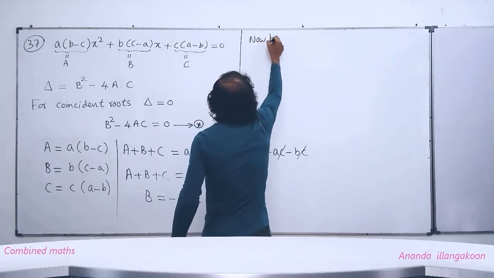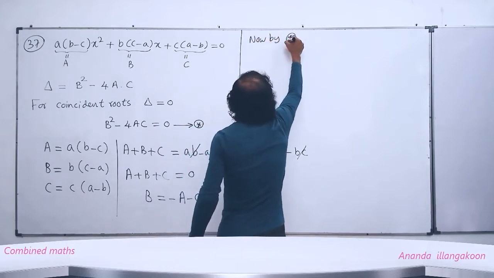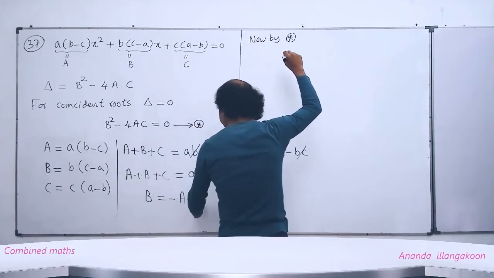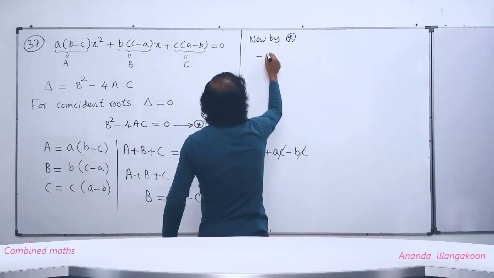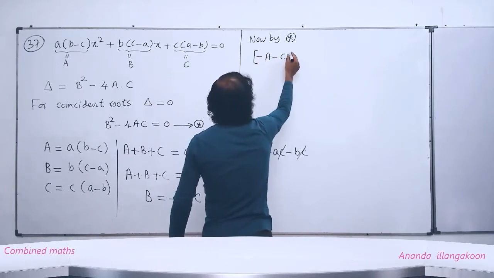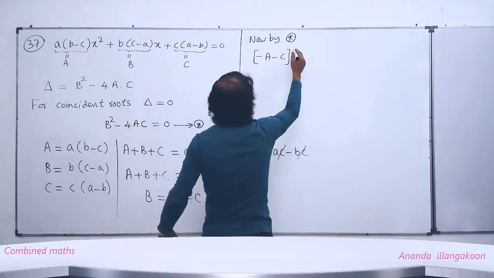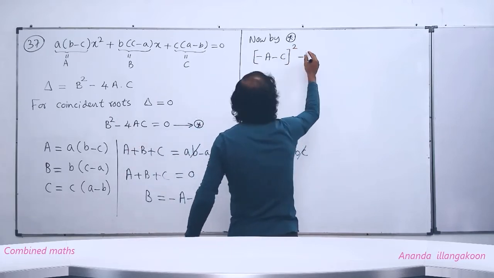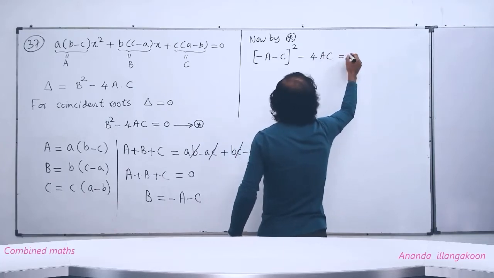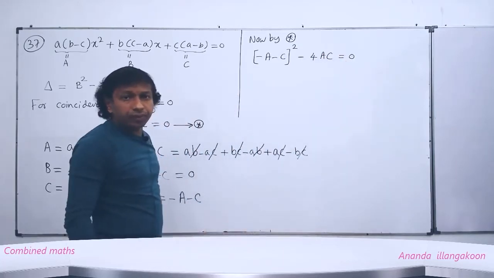Now by star, what do you get? I substitute for this B, this minus A, minus C. Minus A, minus C is our B. It's a perfect square. Minus 4AC equals 0. Okay, people.